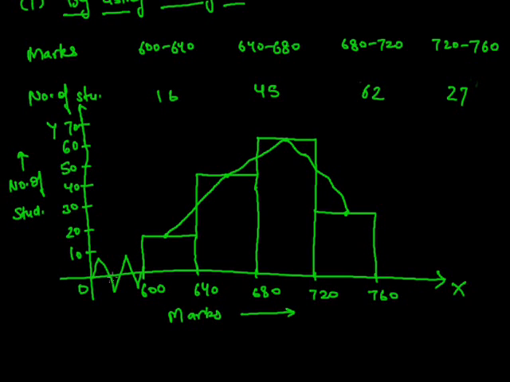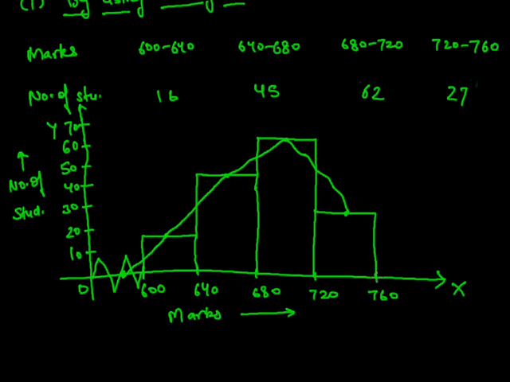So we'll take the midpoint 580 for 560 to 600 here on the x-axis, because the number of students is 0, and then we'll join this midpoint to the graph. Again the same procedure we'll do for closing the graph.